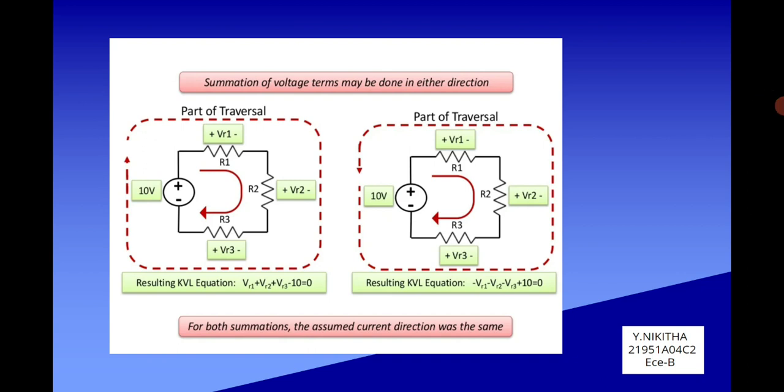Summation of voltage terms may be done in either direction. The resulting KVL equation is VR1 plus VR2 plus VR3 minus 10 equals 0. In the other direction, the resulting KVL equation is minus VR1 minus VR2 minus VR3 plus 10 equals 0. For both summations, the assumed current direction was the same.